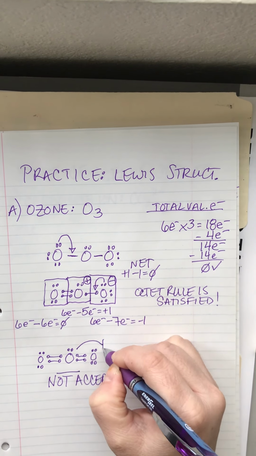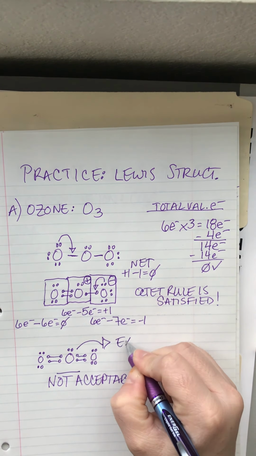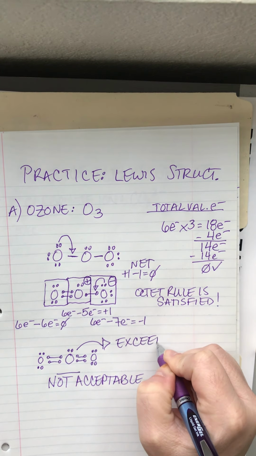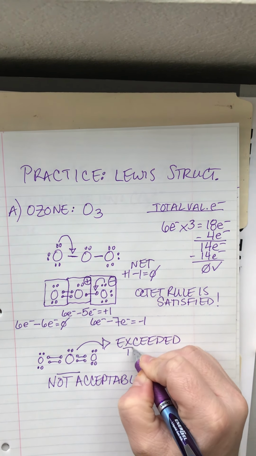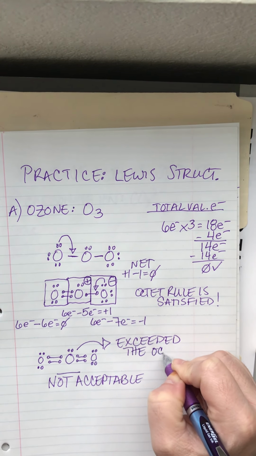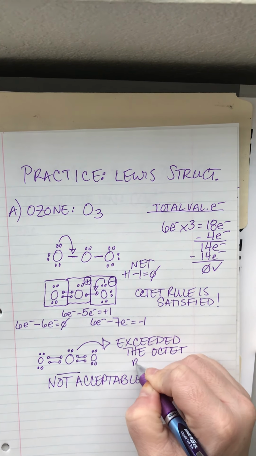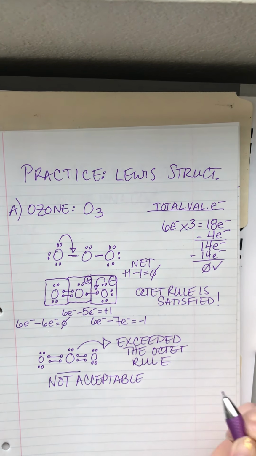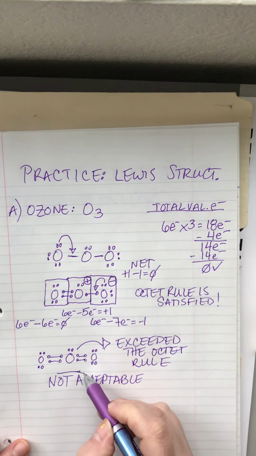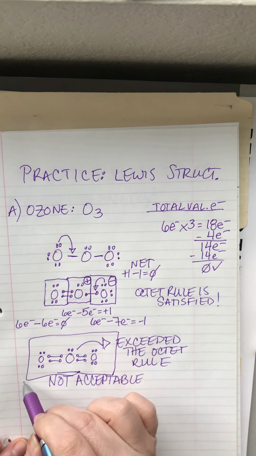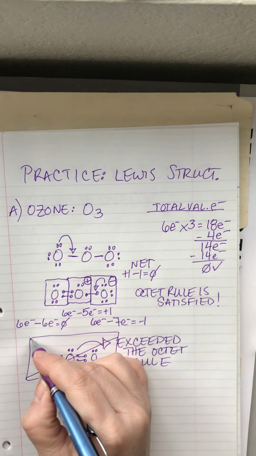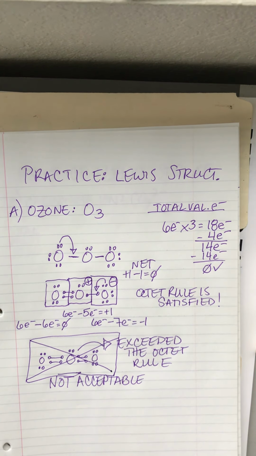Because this oxygen has exceeded the octet rule, this is not a valid Lewis structure, right?